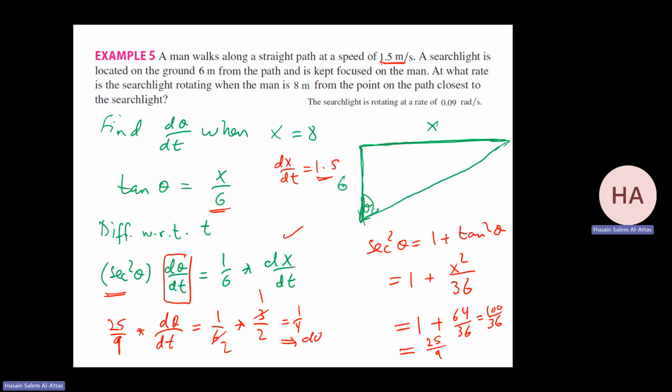So d theta by dt will be 9 over 4 times 25, and that is 9 over 100, which is 0.09. This is the answer. It should be in terms of radians, because we are doing calculus.